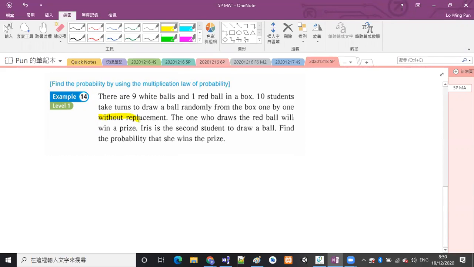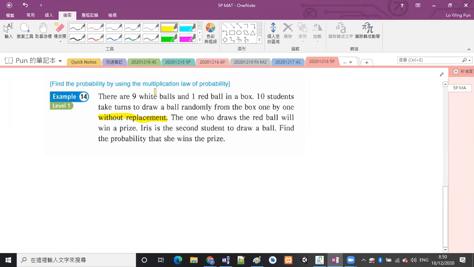Without replacement means that when we take out one ball from the box, that ball will not be placed back into the box, which means that the same ball will not be selected 2 times. Every ball can only be selected 1 time.